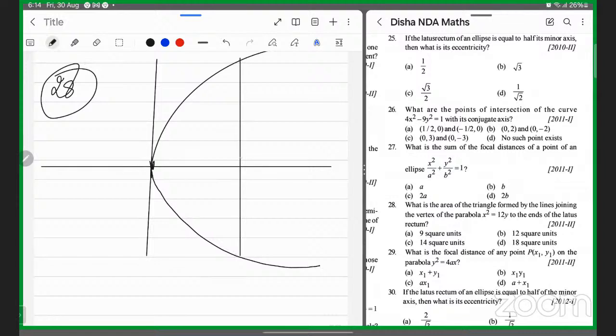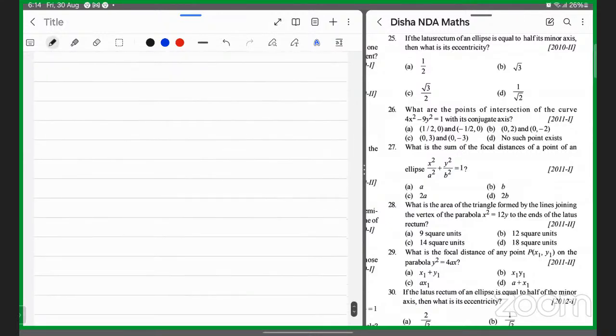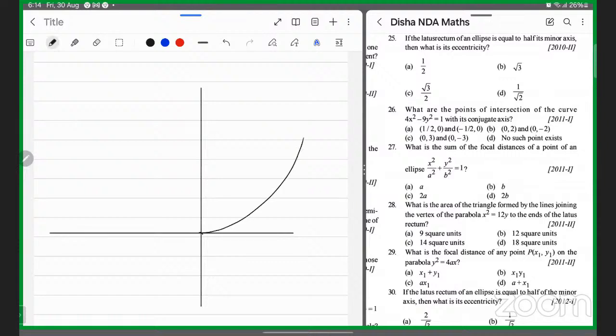The diagram is this: this is the height and this is the triangle. No need to do anything here, only find... sorry, here it should be a vertical parabola for 28.